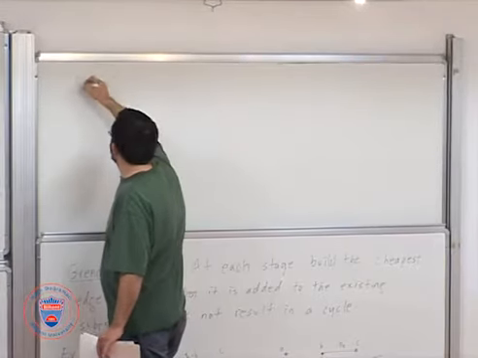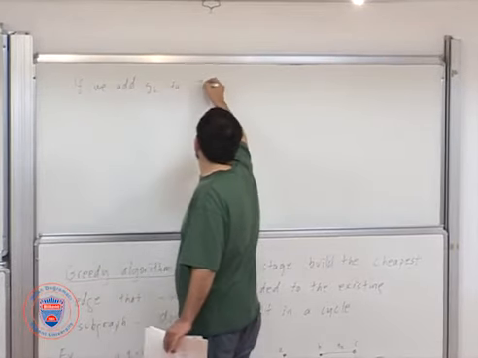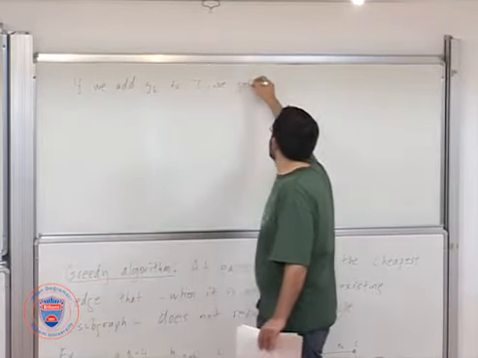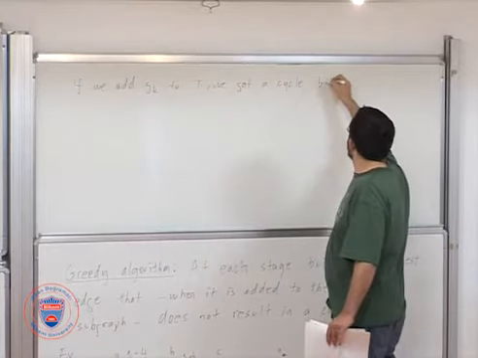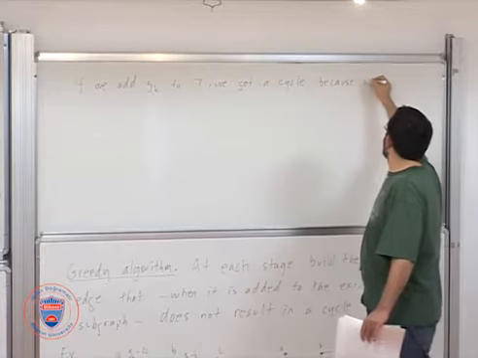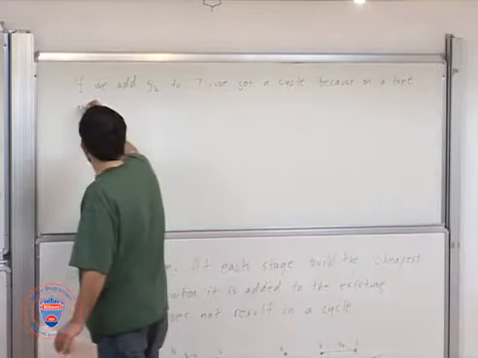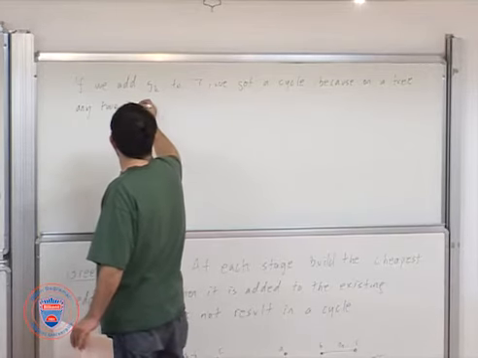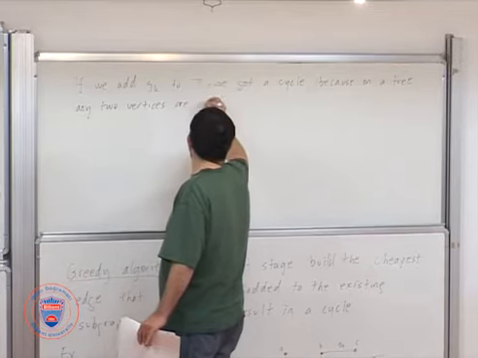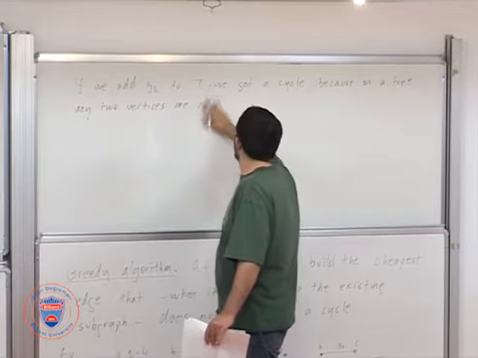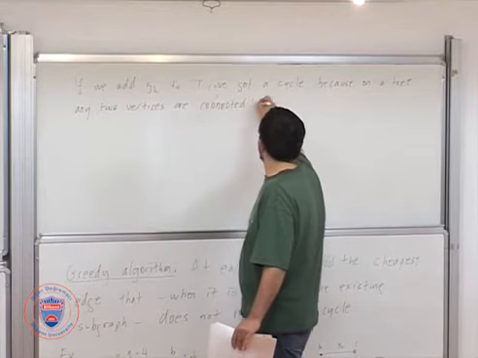So if we add GK to T, we get a cycle. On a tree, any two vertices are connected via a path.